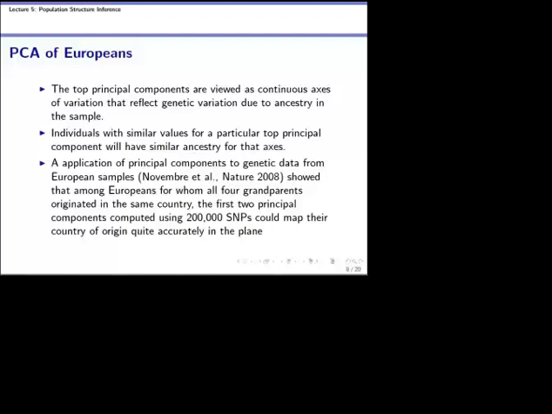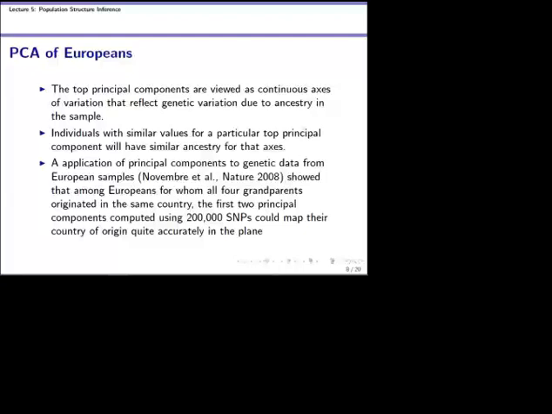The top principal components are viewed as axes of variation that reflect genetic variation due to ancestry in the sample. So individuals with similar ancestry should have similar principal components along a particular axis. John Novembre published a nice paper showing that in European samples the top principal components corresponded quite well to the map of Europe.